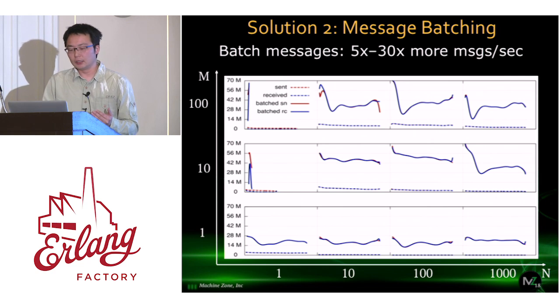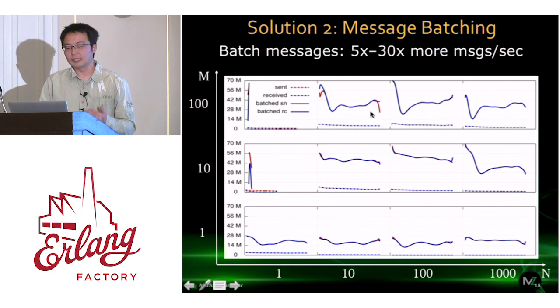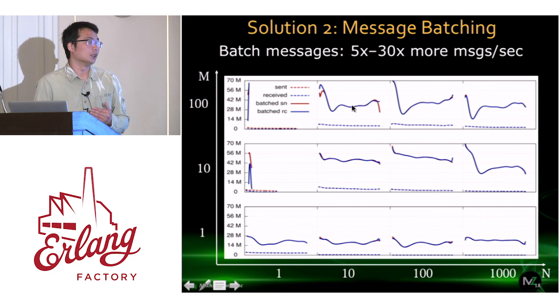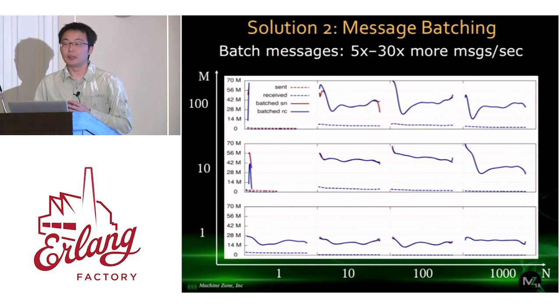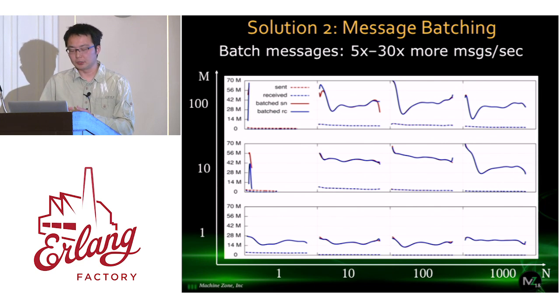As we can see, there are clearly gaps between the dotted lines and the solid lines, and overall, we can observe a 5x to 30x higher message passing rate per second, depending on the configuration.